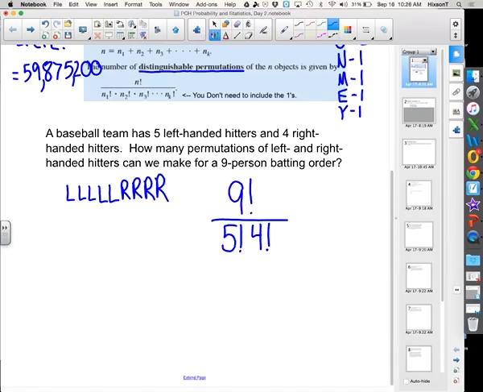So we do that, and 126. Yeah. So the manager has 126 different possibilities, just looking at what side of the plate the batter is batting on.